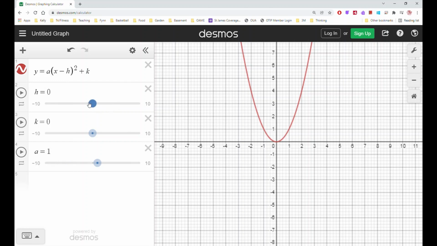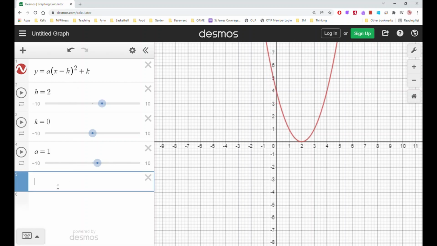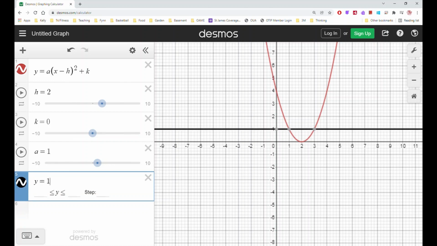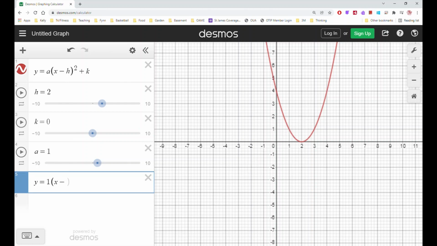So next is the h value here. The h value moves it left and right. Okay, so it's a horizontal shift. Now one thing I want you to notice though, is I have this h value set at 2 right now. Let me add another graph here. y equals 1, bracket x minus, let's put a plus 2 in here.